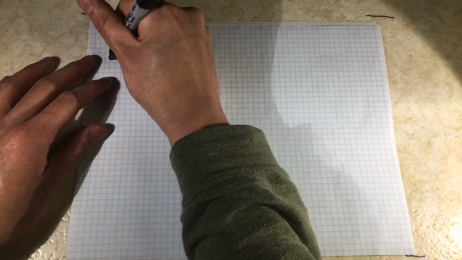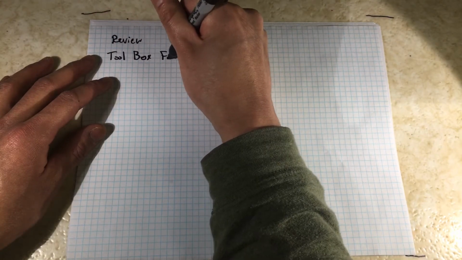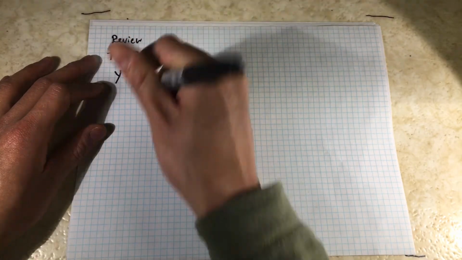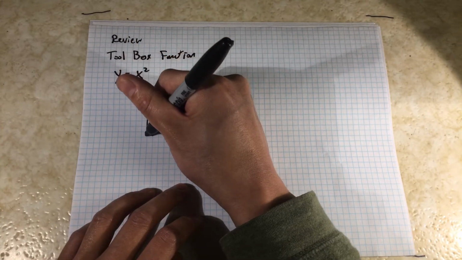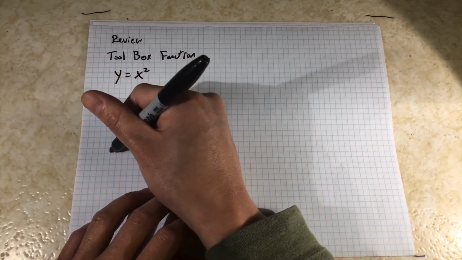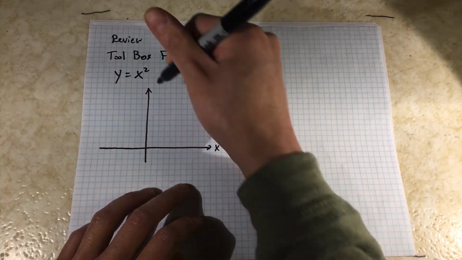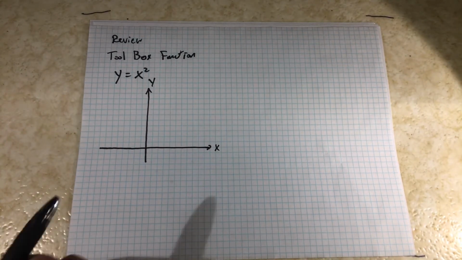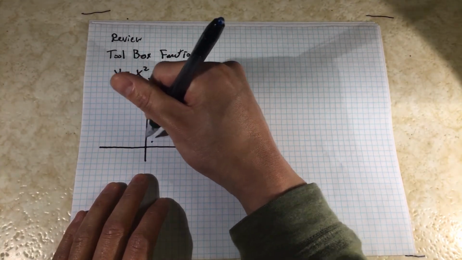So first, we have our toolbox function, y equals x squared. If you remember y equals x squared, let me draw a graph here. So we have points here.